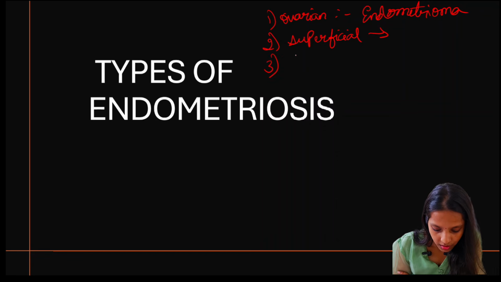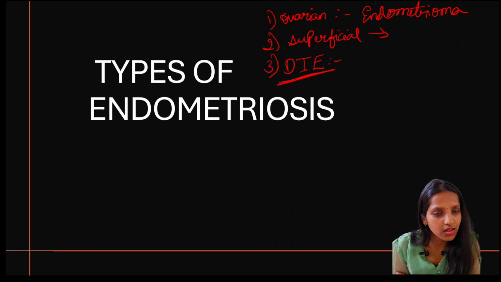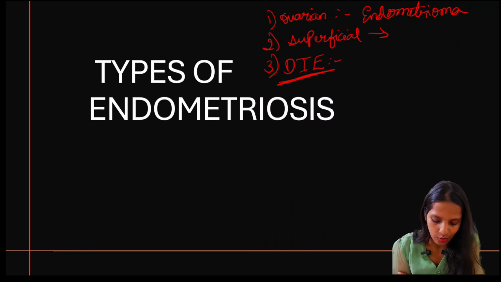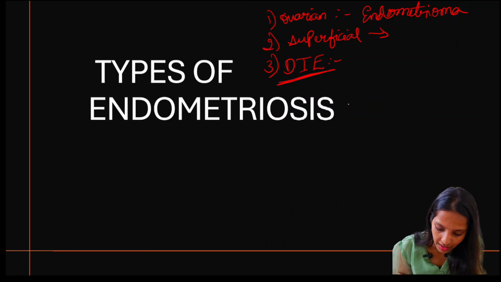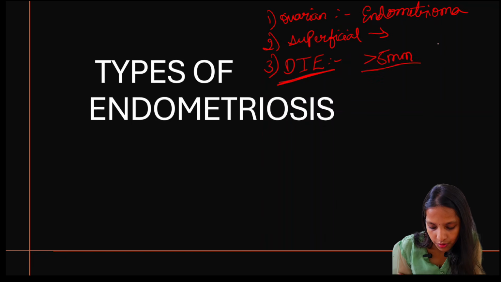The next important type, and the most common one in the radiological workup, is deep endometriosis. Deep endometriosis was classically defined previously as any endometriotic deposit extending greater than 5 mm from the peritoneal serosal surface.